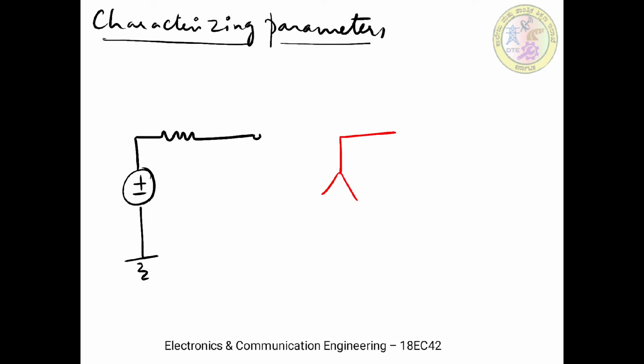So from the previous module, we know that at the drain terminal we are representing a dependent source, that is gm into VGS. It is a dependent current source, and also r0 will come in parallel.